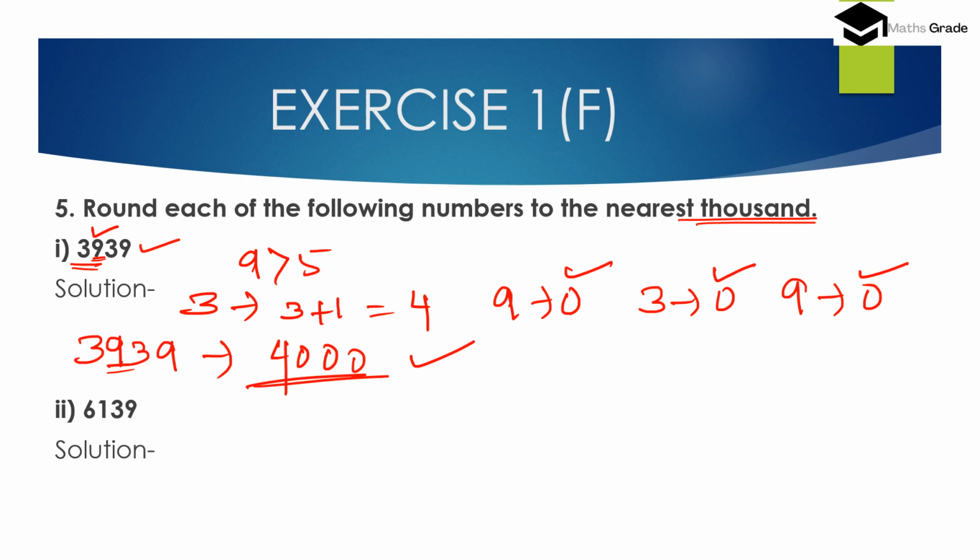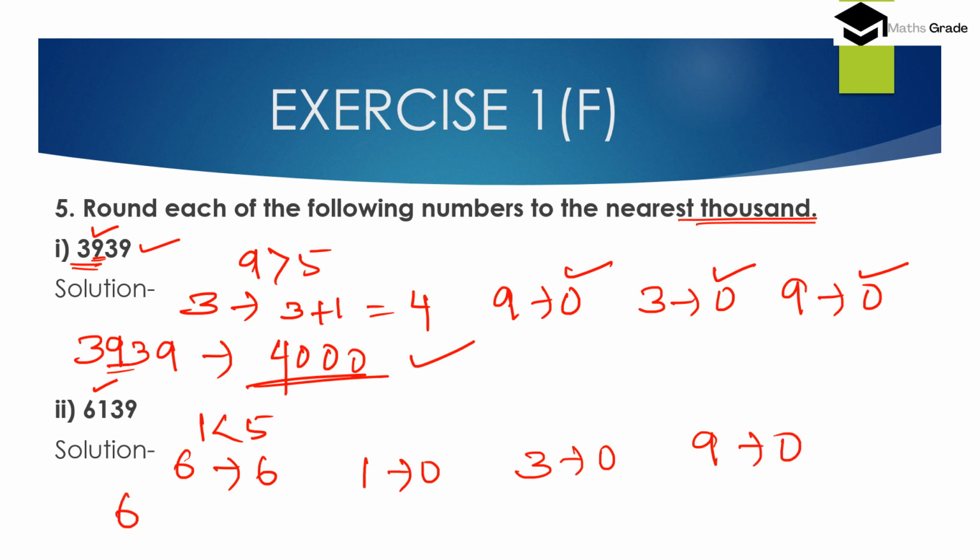Now second bit, 6139. When we round this number to the nearest 1000, we first look at the 100 place digit. Here the 100 place digit is 1, which is less than 5. So don't add 1 to the 1000 place digit. Just write down the 1000 place digit as it is, and the 100 place digit 1 changes to 0, the tens place digit 3 changes to 0 and the unit place digit 9 changes to 0.